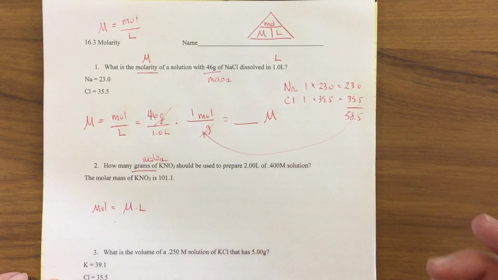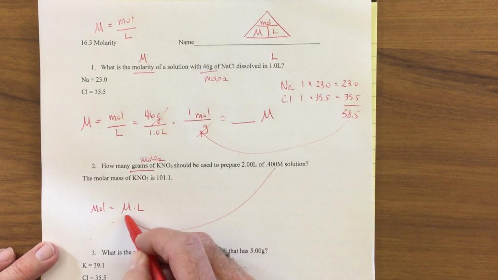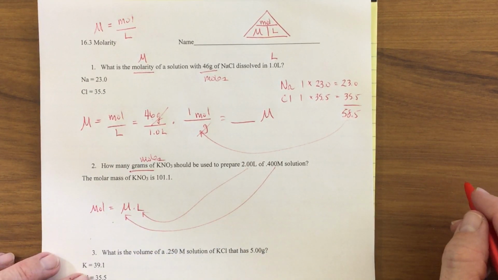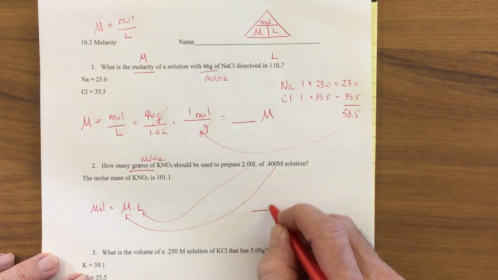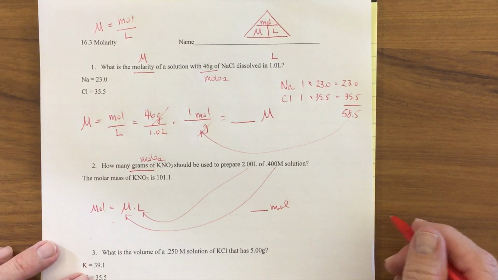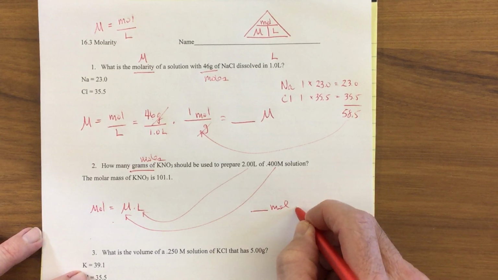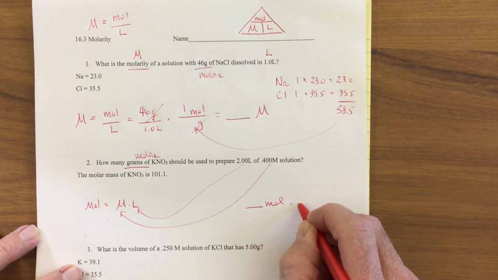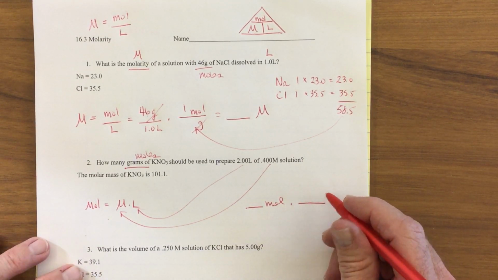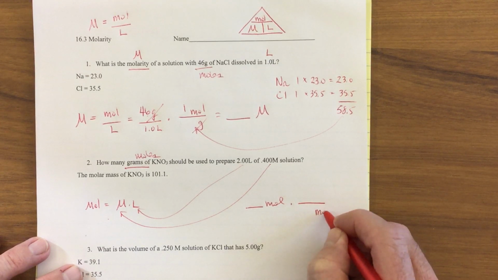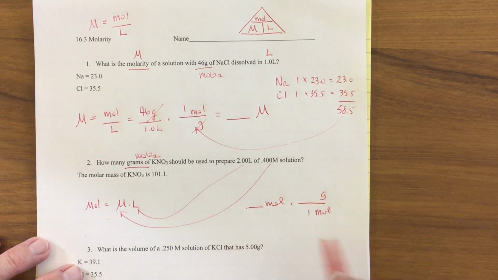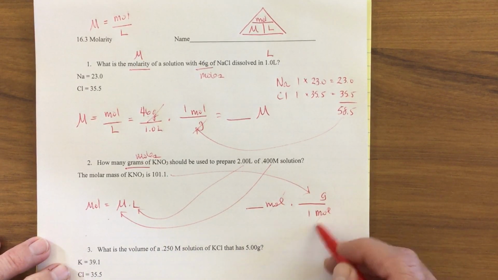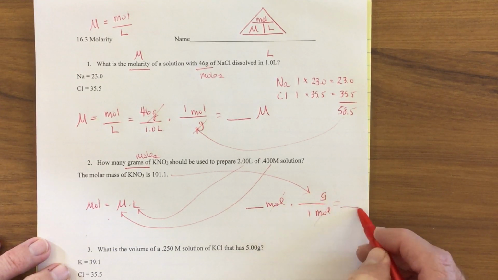So my molarity can get plugged into here, my liters can get plugged into there. That gives me my moles. You can end up with a certain number of moles, but we want to know how many grams we should make or use to prepare the solution. So you have to use the molar mass, and you're going to have your moles cancel and your grams on top. The molar mass has already been given to you. And so the moles will cancel, and your answer should then be in grams.